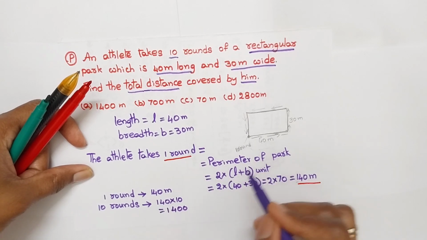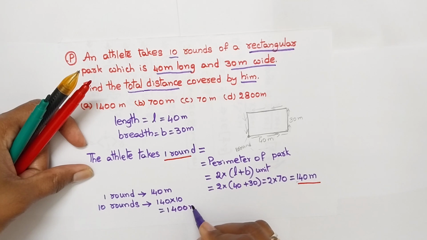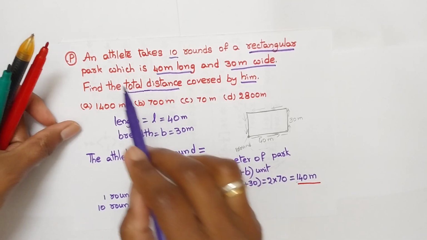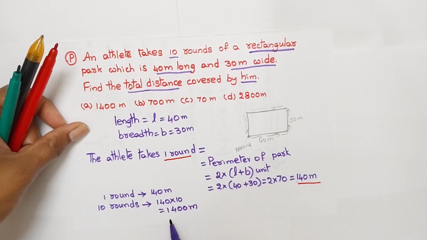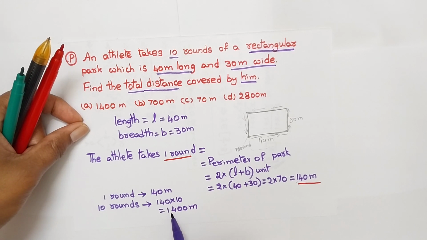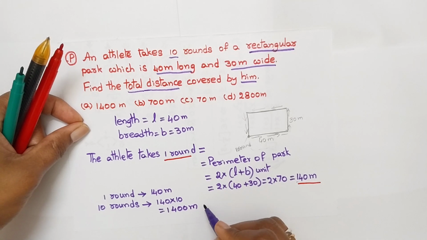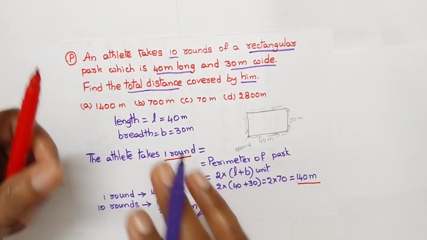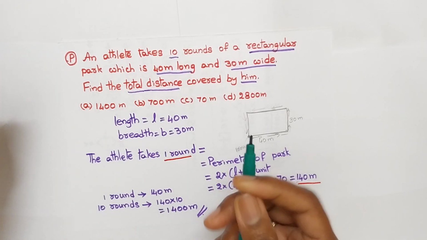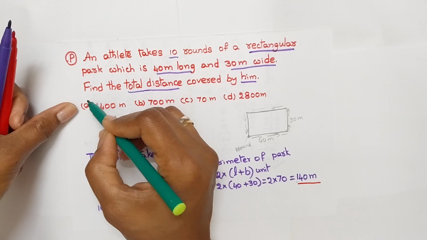What is the unit in this problem? Meters. So the athlete covered 1400 meters for 10 rounds. Which option is the correct one? Option A is the correct one.